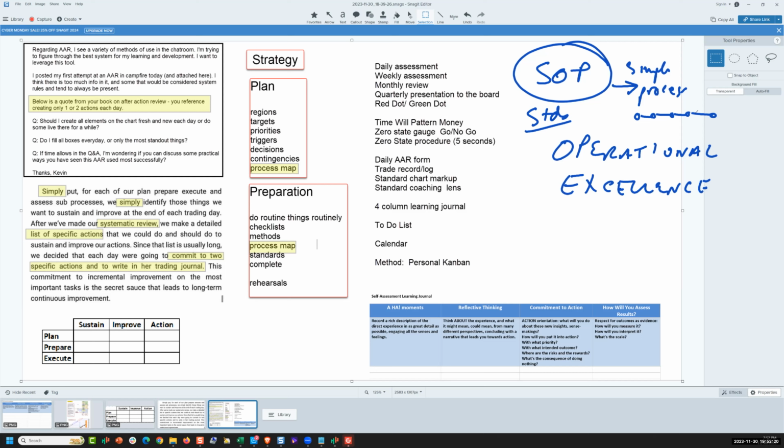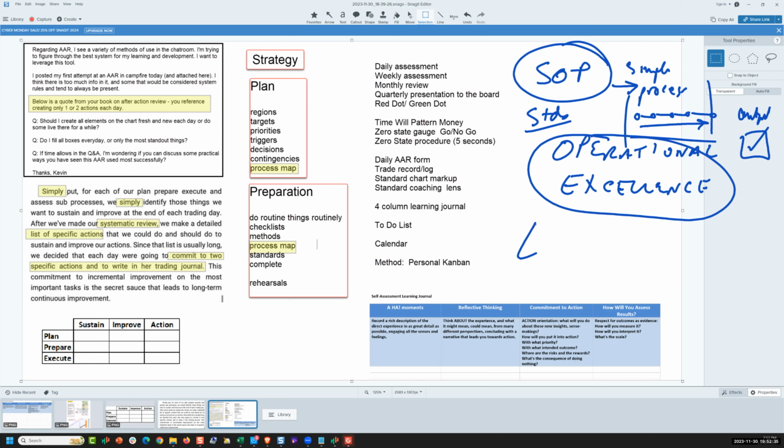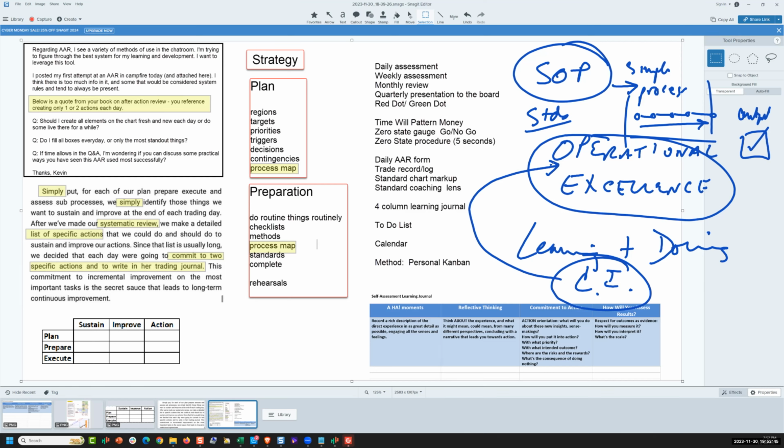There's no wasted motion, so that's efficient. And then the output gets measured against a standard for quality control, and now you're building quality control in all the way through. That idea of learning and doing with continuous improvement is how you get to operational excellence. And that is what professionals do.